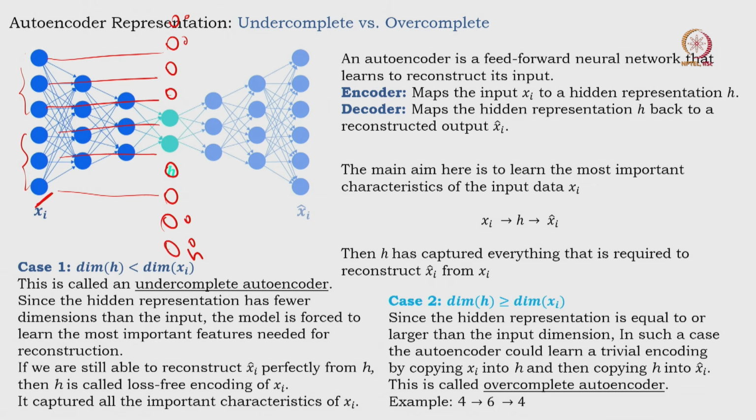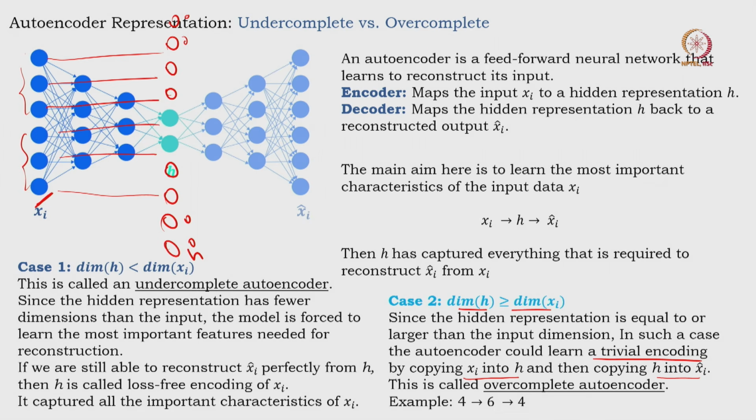So is it not trivial learning here? What is trivial learning? It is an identical mapping of the given input as it is to a hidden representation. Since the dimension of the hidden representation is greater than or equal to the input, the autoencoder would learn a trivial mapping. It is directly copying xi into h and then copying h back to xi dash.